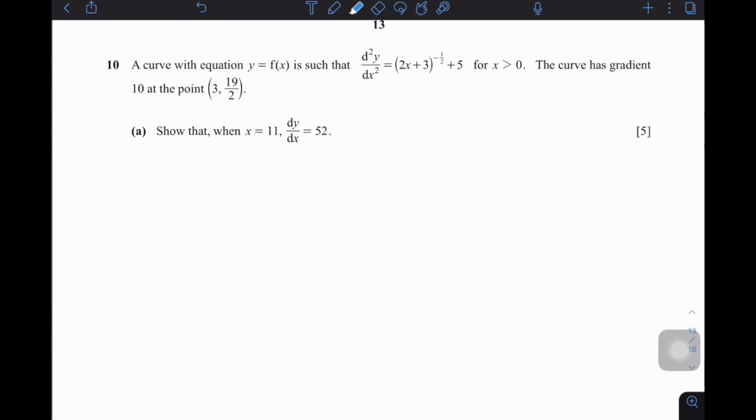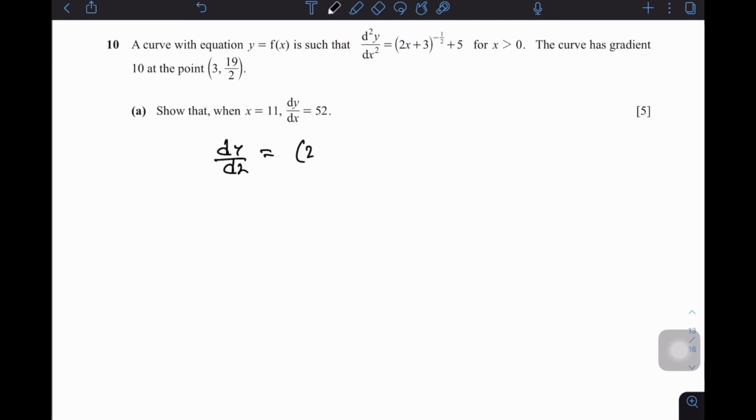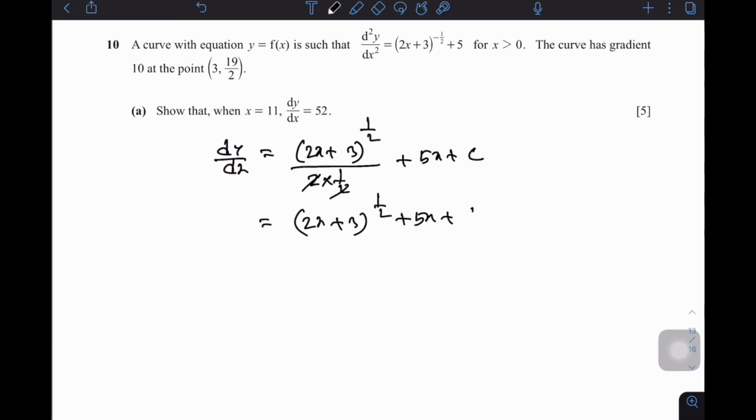If we integrate the double differentiation by dx, 2x plus 3 to the power minus half plus 1, that is half, divided by 2 into half, plus 5x plus c. So it will be 2x plus 3 to the power half plus 5x plus c for dy dx.